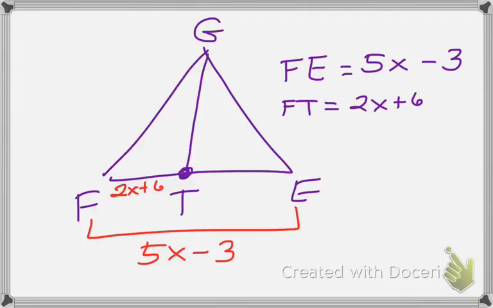Because this is half of it. Or I could double it and equal it to it, right? Doubling it's the same as adding it twice. So I could do 4x plus 12 and equal that to 5x minus 3. And then I could solve for x. Okay, so make sure you're aware. It's good to label your diagram so you can see what it is that you're working with. So make sure you do that.